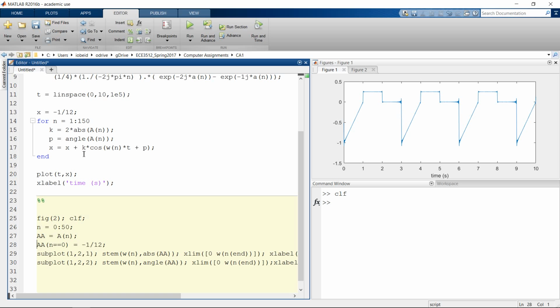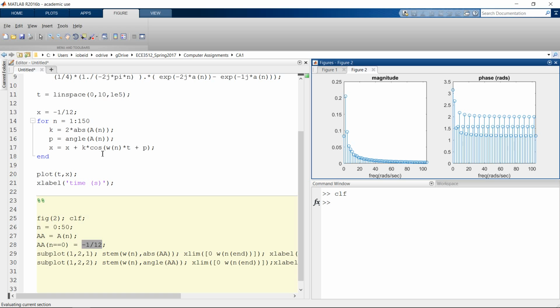And I know that because of the way I've written my formula, the very first value, the one corresponding to n equals 0, because there's a divide by 0, will have the value of not a number. And so I'm going to overwrite the value of A for which n equals 0. I'm going to overwrite it with negative 1/12.